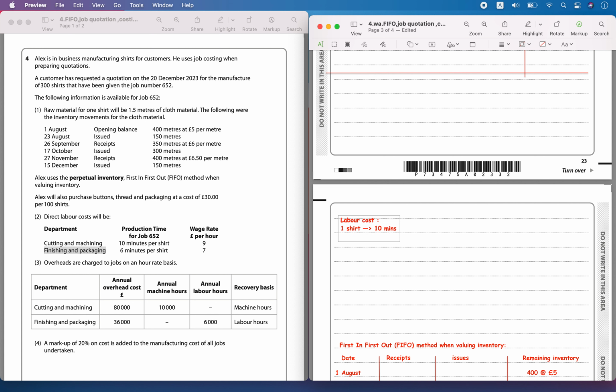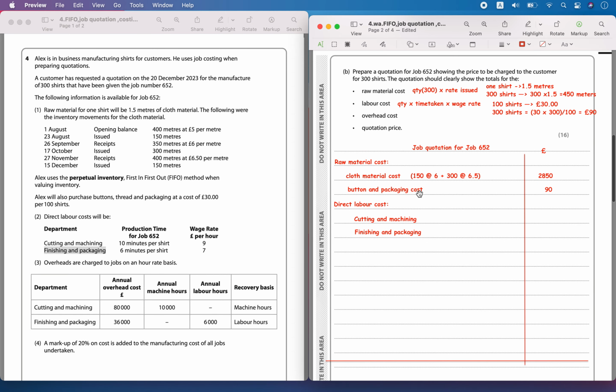Because the labor wage rate is given per hour, I have to know how much it takes to prepare in 1 hour. It takes 10 by 60 hours. That's the labor time taken, 10 by 60 hours.